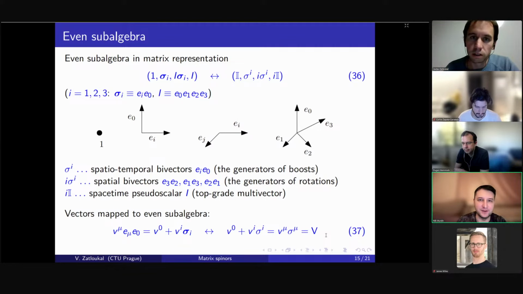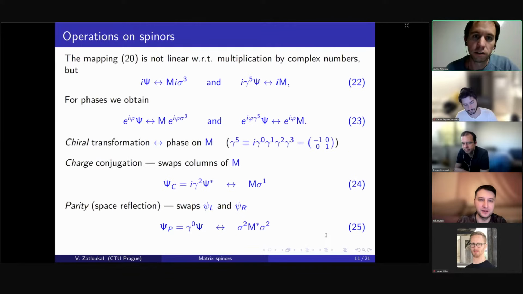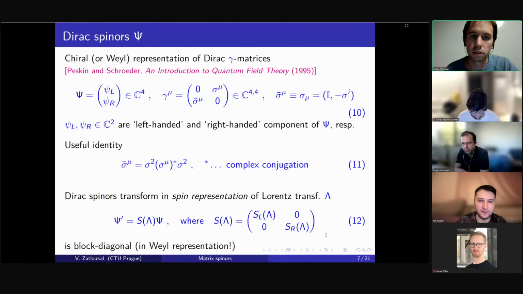Yeah, I think one could have a look here at the Weyl representation. For instance, you could have the 4x4 matrices to represent all the elements of the Clifford algebra. And if you took a product of two, then you get the block diagonal matrix.